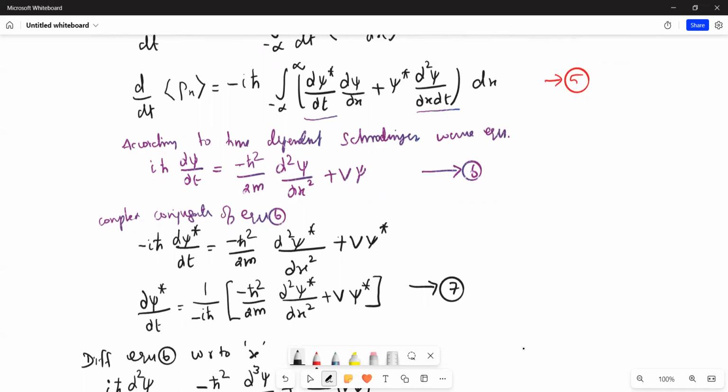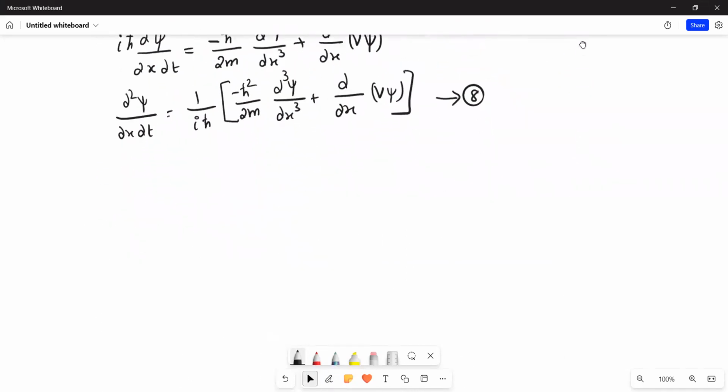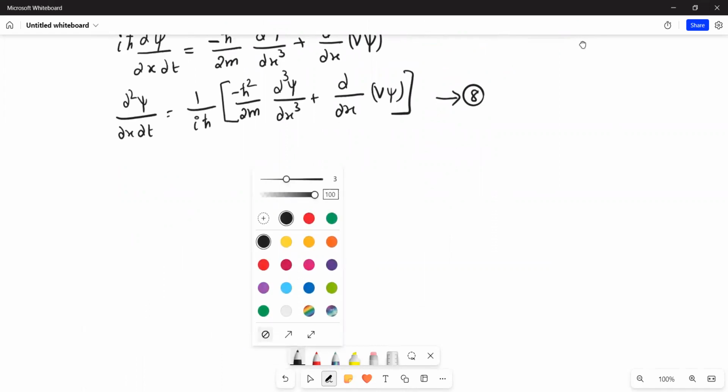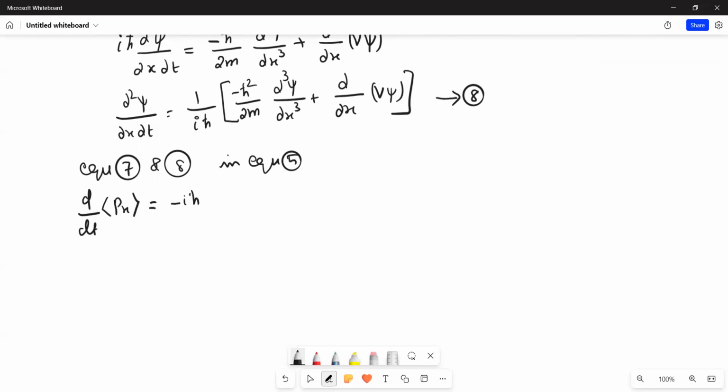Now we apply the same in equation number 5. So take equations 7 and 8 and apply them in equation number 5. What will you get? d/dt of the expectation value of x is equivalent to −iħ, already there.